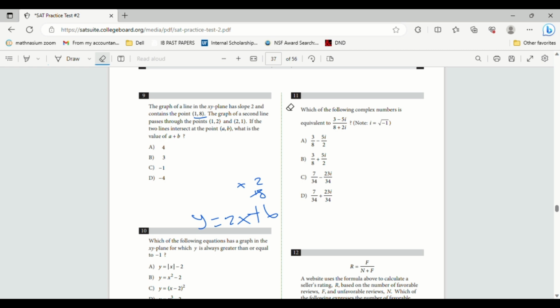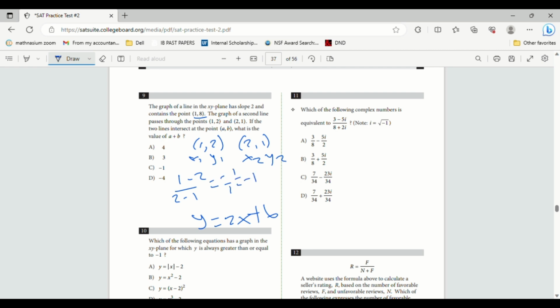Now let's do the equation of the second line. So we can find the slope given the 2 points. As said earlier, y2 minus y1 over x2 minus x1. So we can write out and label our 2 points, and then solve for our slope, negative 1 over 1, which is a slope of negative 1.